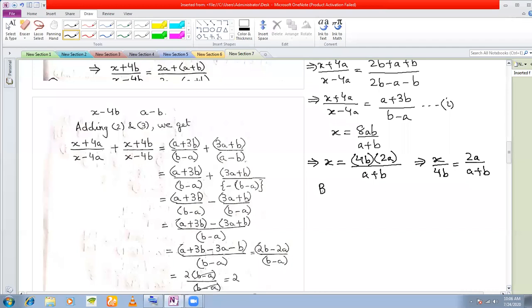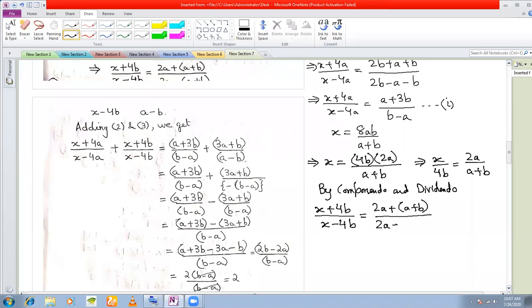Now by componendo and dividendo again, we have x plus 4b by x minus 4b is equal to 2a plus a plus b by 2a minus a minus b.